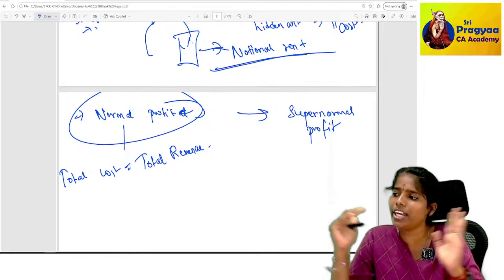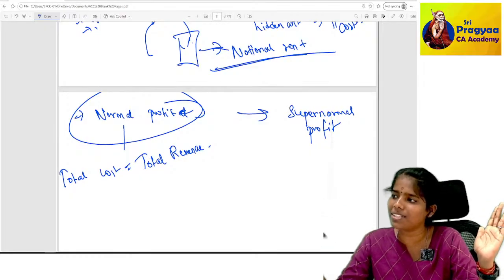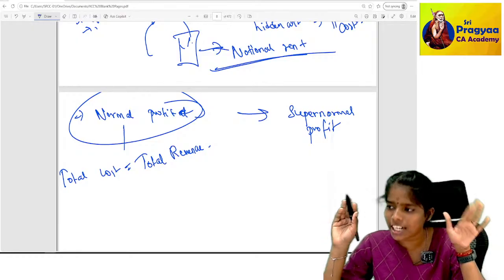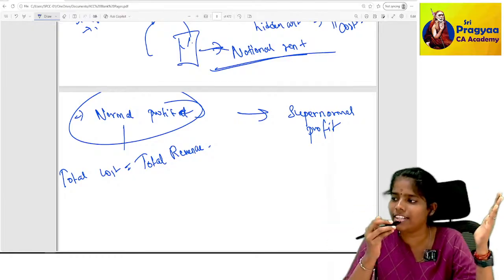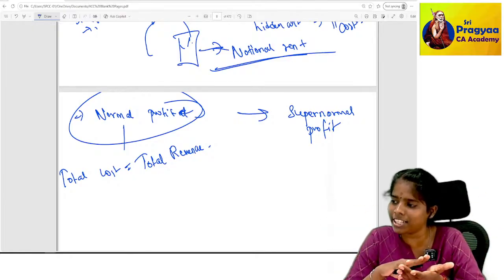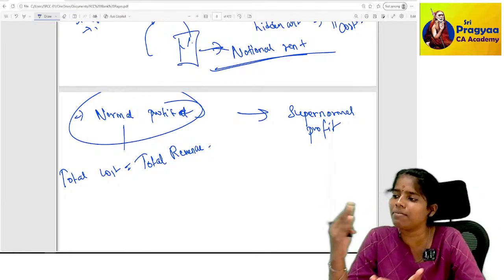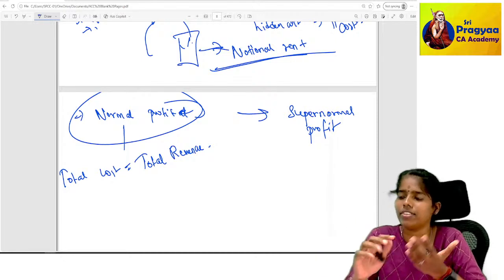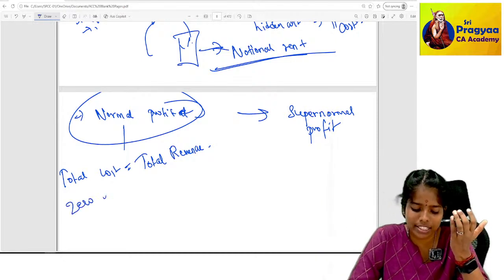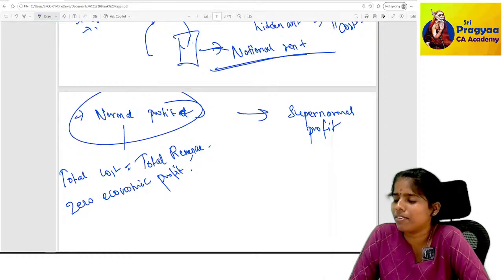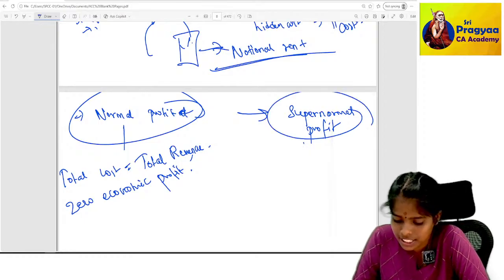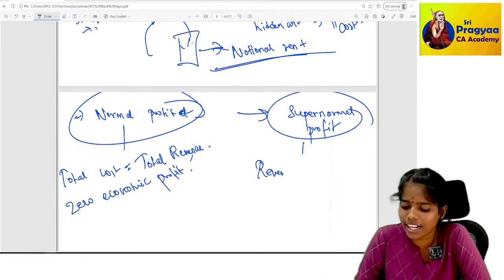Cost revenue equal ah irukku. இந்த காஸ்ட் வச்சு நான் பிசினஸ் கண்டினியூ பண்ணலாம். I need not shut down my business. கண்டினியூ பண்றதுக்கு என்கிட்ட பணம் இருந்துட்டே இருக்கு. Notional rent இந்த மாதிரி விஷயம்லாம் money remains in my hands, but still economic term-ல zero economic profit. It is also called as zero economic profit. இது normal profit. Super normal profit means the revenue is more than my cost.